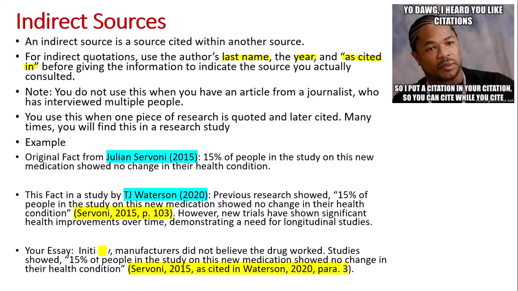Well, in your essay, you will say, studies showed, and then you have the quote, Cervoni, 2015, as cited in Watterson, 2020. Here I put paragraph 3 instead of a page number just to kind of show you how that would look. But it could be page 4 or page 8 or whatever the case may be. So not too difficult. Cervoni, the year as cited in, and then the normal citation, last name, year, and page or paragraph.